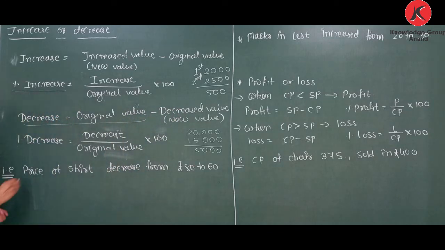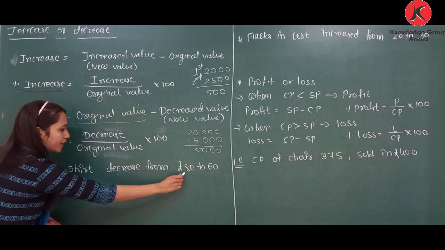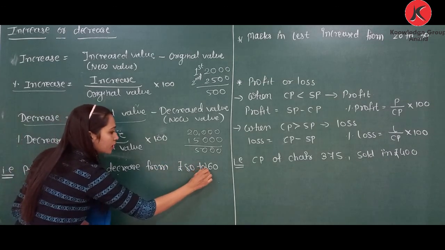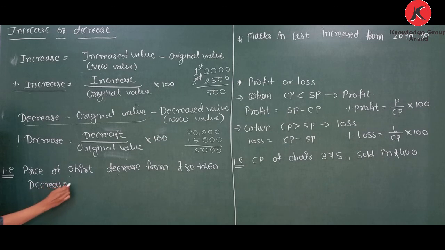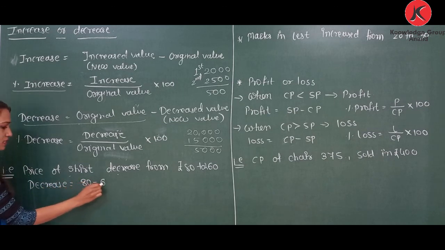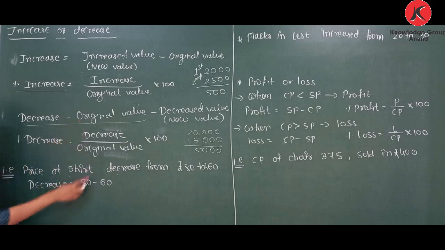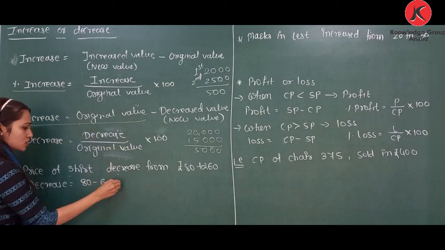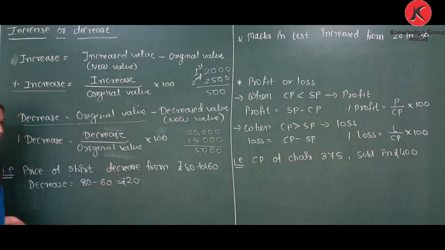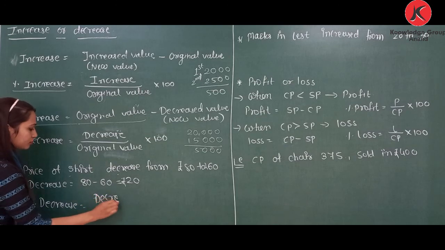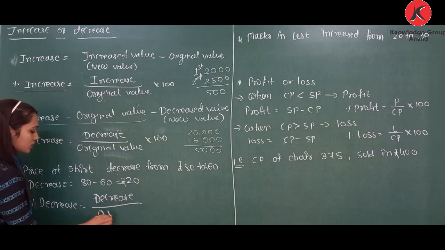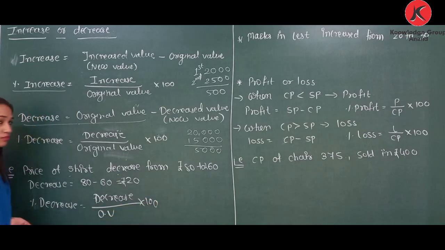So let's take an example: the price of a shirt decreases from 80 rupees to 60 rupees. It decreases from 80, it becomes 60. So what is the decrease? 80 minus 60. Original value is 80, decreased value is 60. So percentage decrease is decrease divided by original value multiplied by 100.